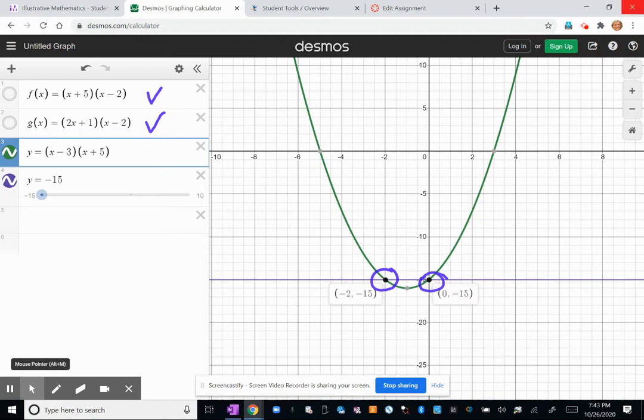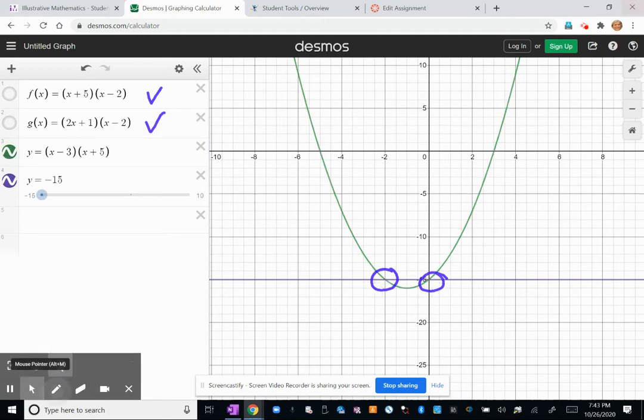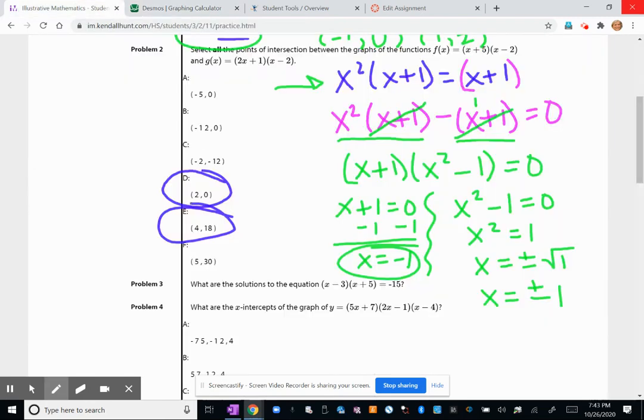So the values of x that make y equal to negative 15 are negative 2 and 0. Okay, so the solutions for problem number 3, x equals negative 2 and 0.